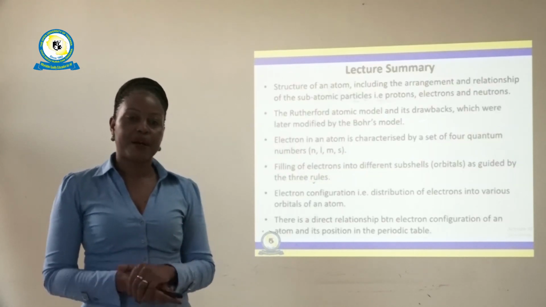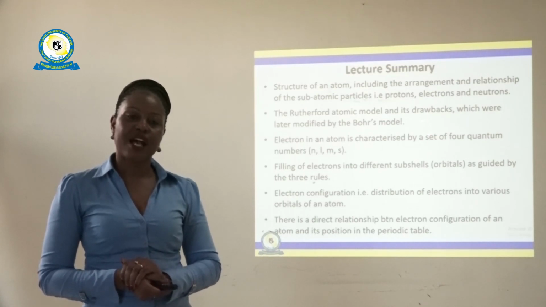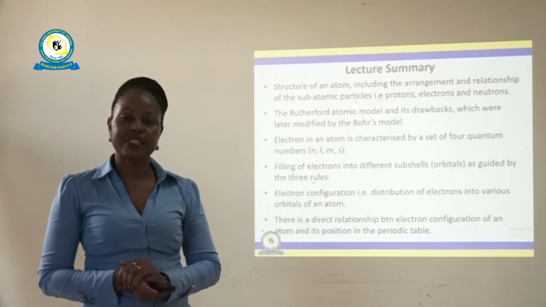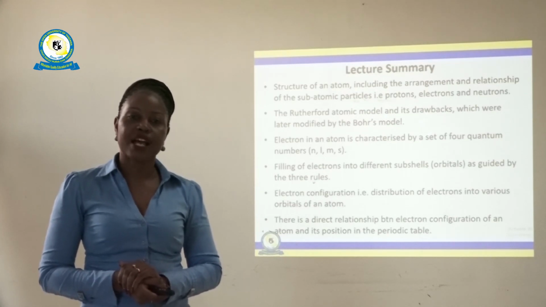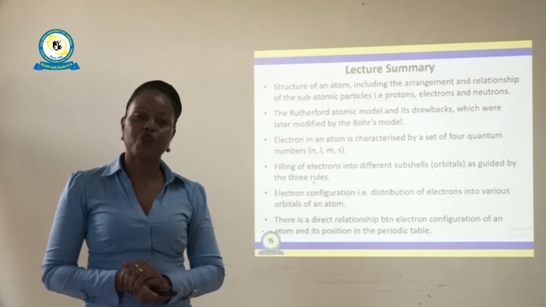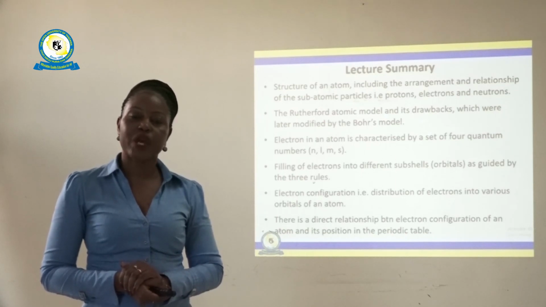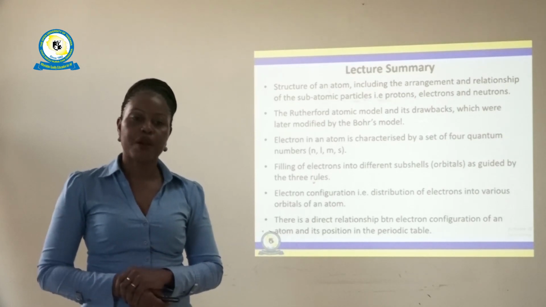Now this brings us to the end of our lecture. In this lecture, we discussed the structure of an atom, including the arrangement and relationship of the subatomic particles, that is the protons, neutrons, and electrons. We have also discussed the Rutherford model, and we have seen some of its drawbacks, which were later modified, and we came up with the Bohr atomic model.